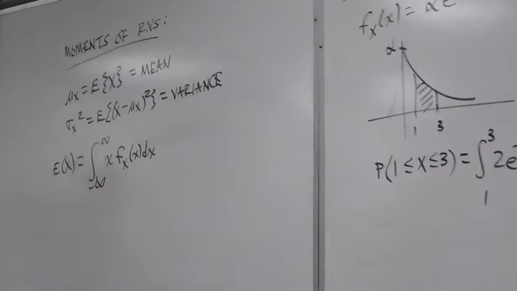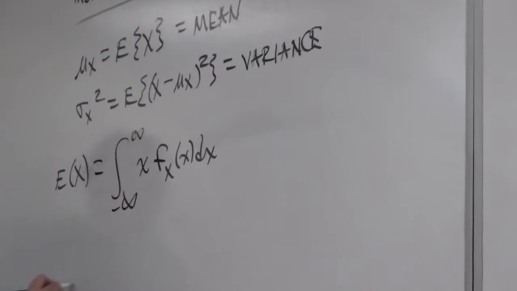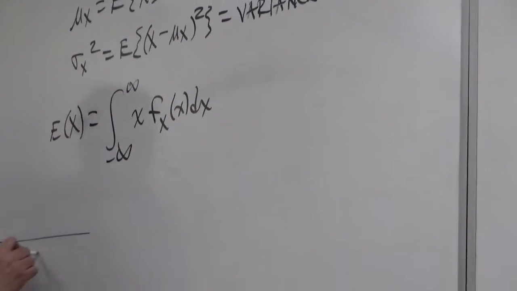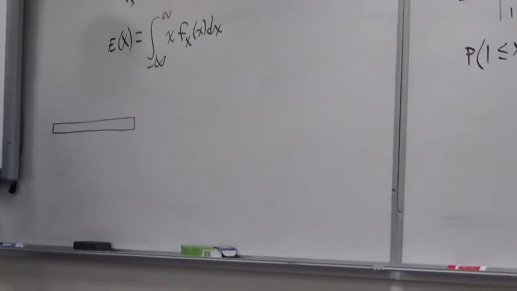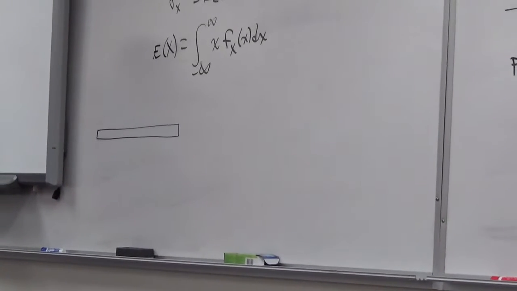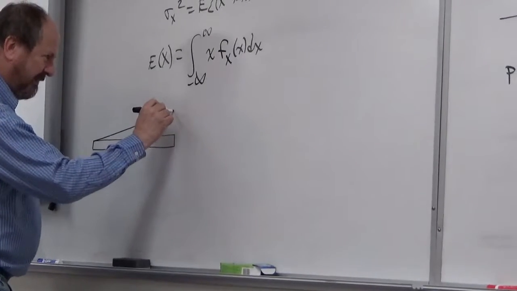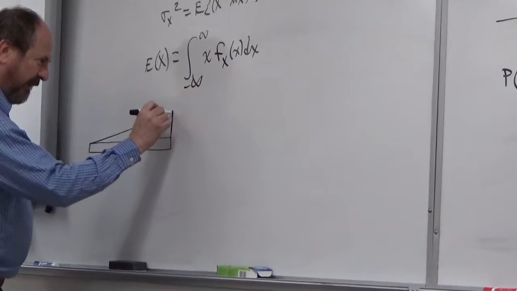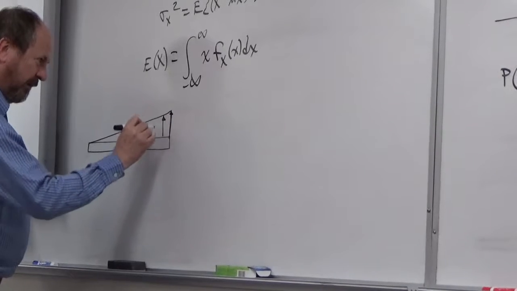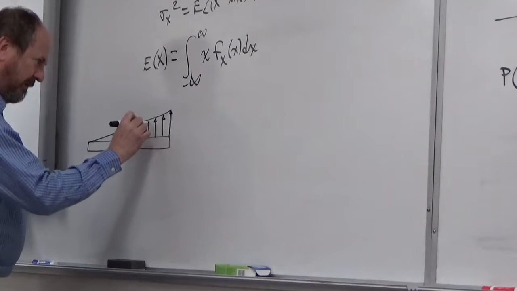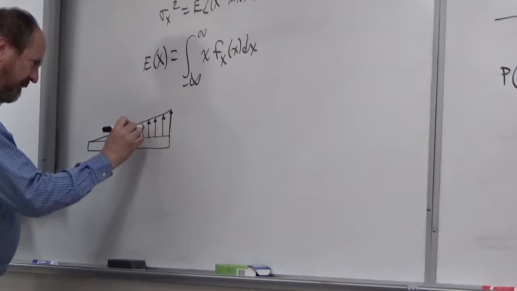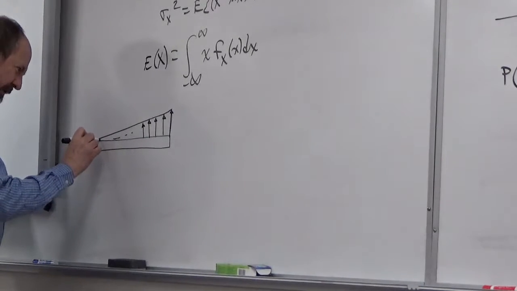Where you did it in statics is you said, okay, I have a beam here, and this beam has a distributed loading. And let's say, you remember drawings like this? And let's say the loading looks like this. Okay, all the way down to here.